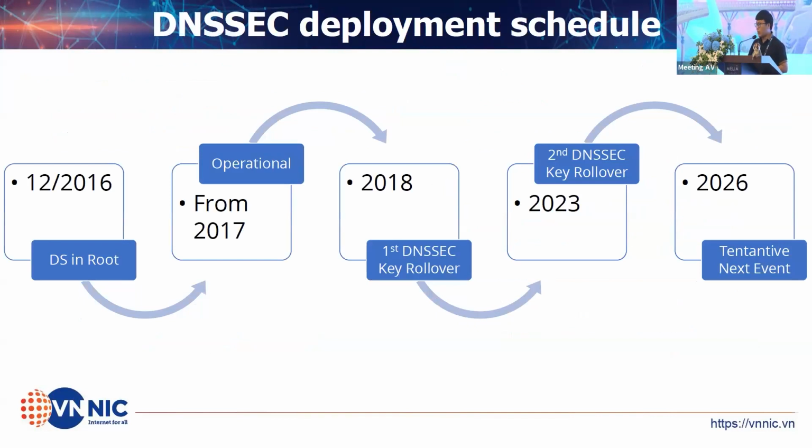This is just the schedule or timeline for the DNSSEC implementation. We did the second DNSSEC key rollover a few months ago, and we are tentatively planning to do the third DNSSEC key rollover in 2026.